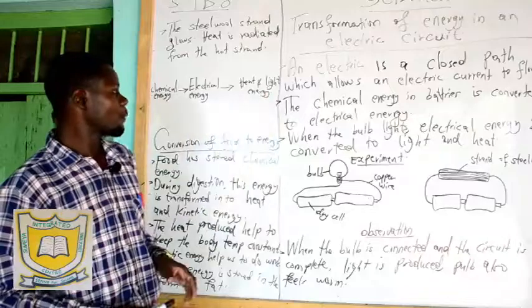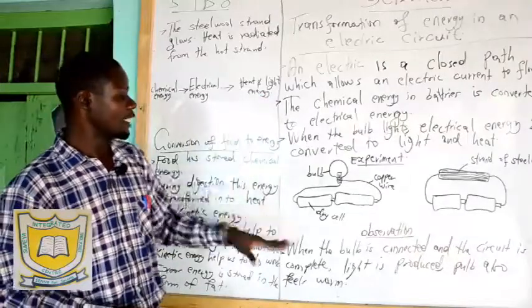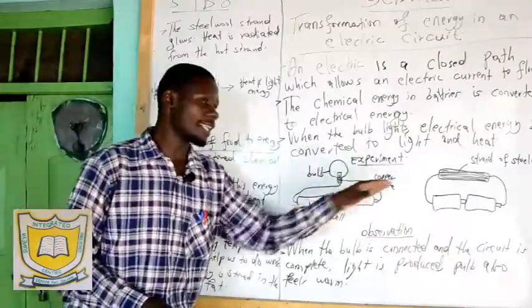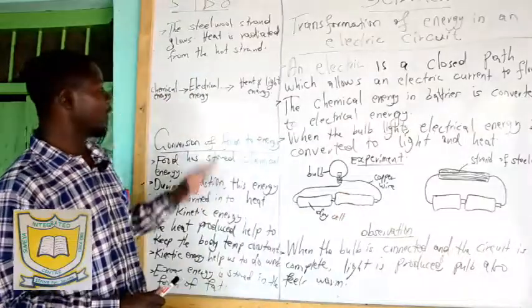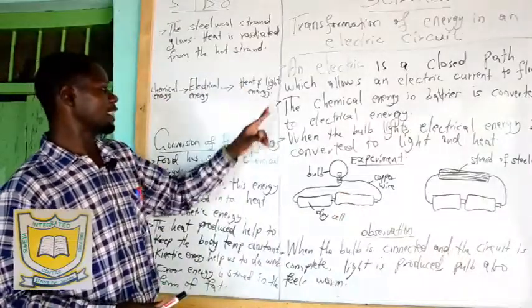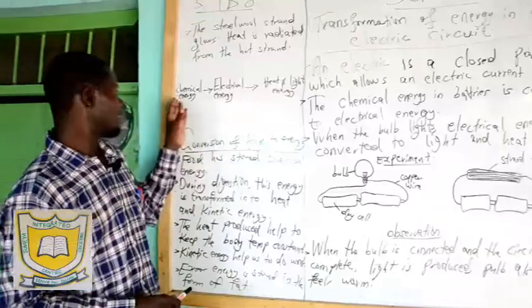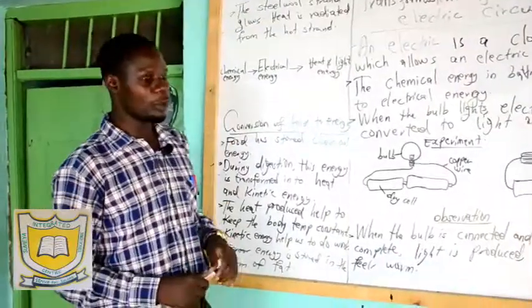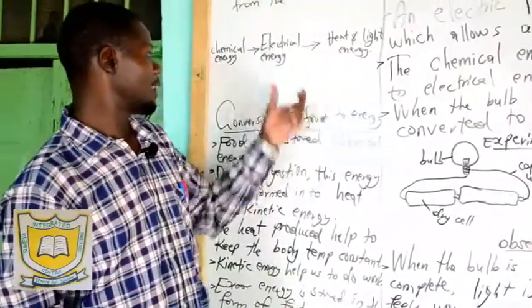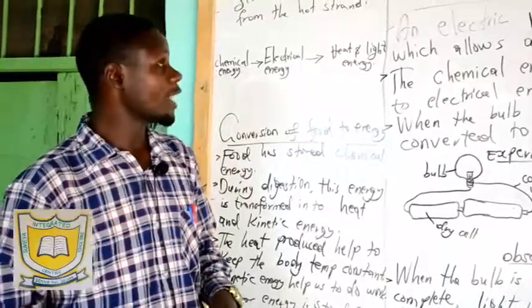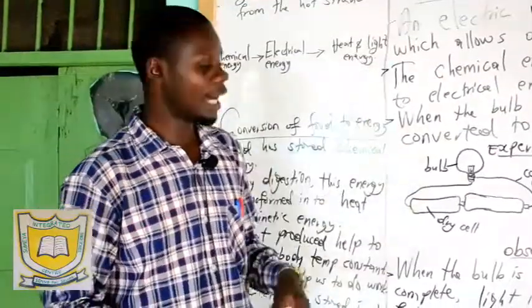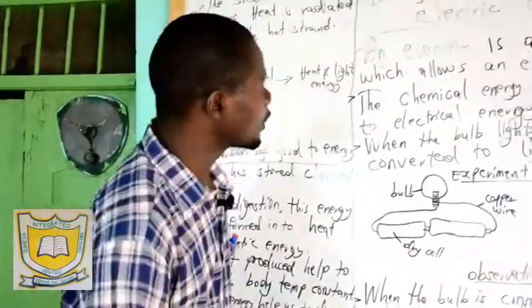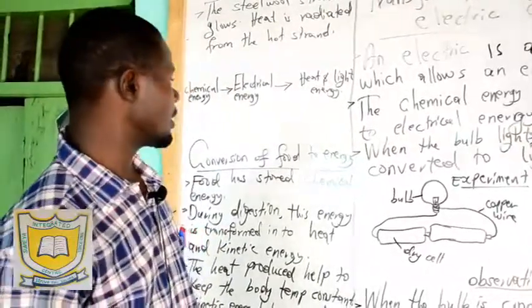And there is also heat. When you feel the two, you will find that there is heat. So we have production of heat energy and light energy, and the source was chemical energy in the dry cell. Then we had electrical energy. That is what we have under transformation of energy in a dry cell.